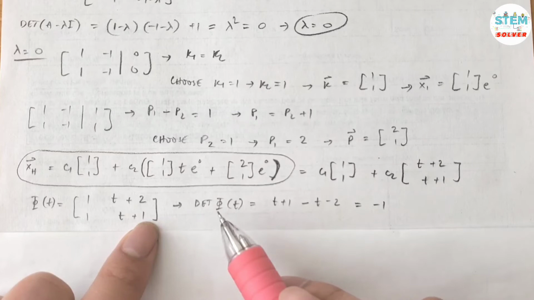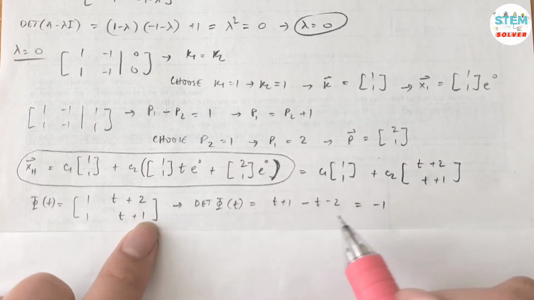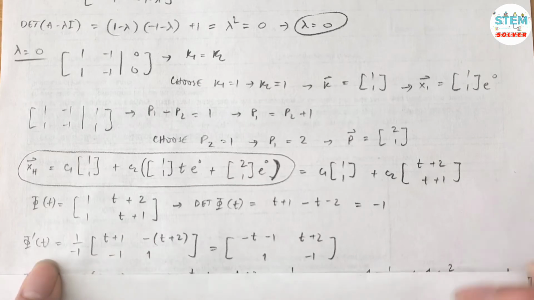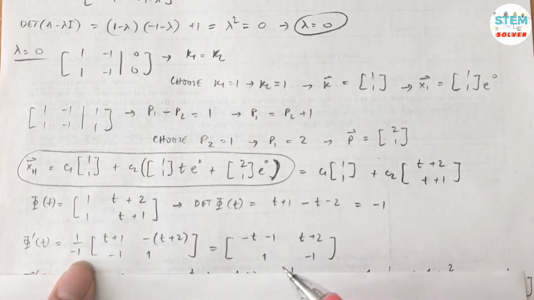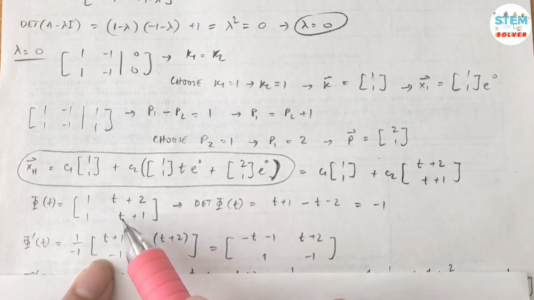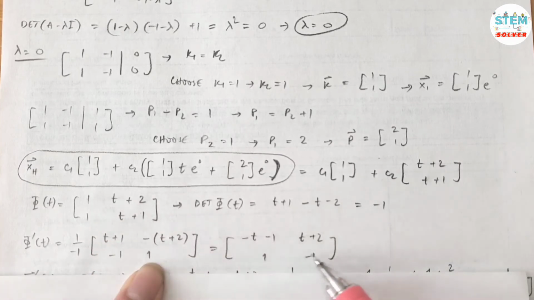Then find the determinant of phi of t, which gives me -1, and then phi inverse is equal to 1 over the determinant times this matrix. For the upward diagonal line, you are going to multiply by -1. For the downward diagonal line, you switch their positions, bring this up, bring this down. Okay, multiply them together, that gives me this matrix.